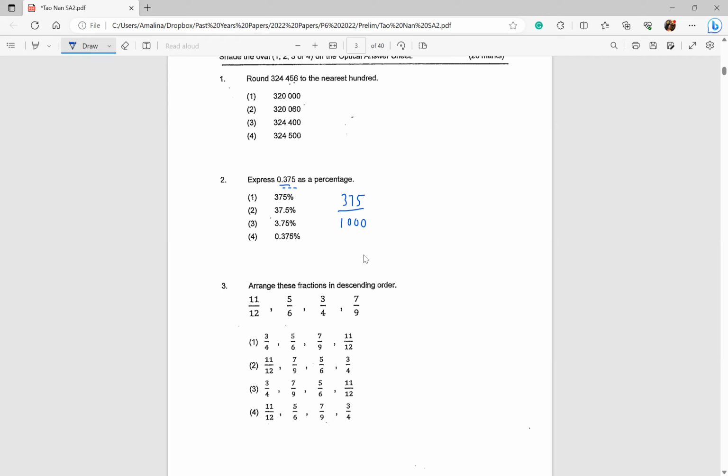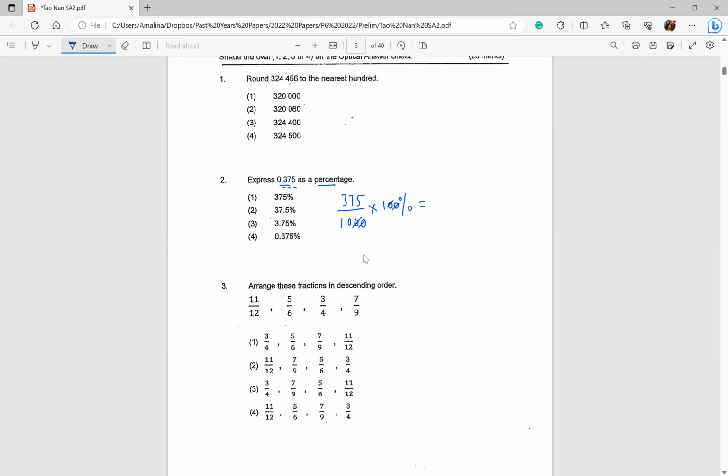Now, if you want to change this to a percentage, I will multiply by 100%. So you can cancel off your zeros first, and then you're left with 375 over 10.